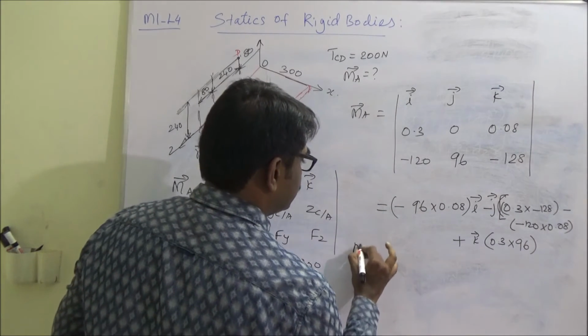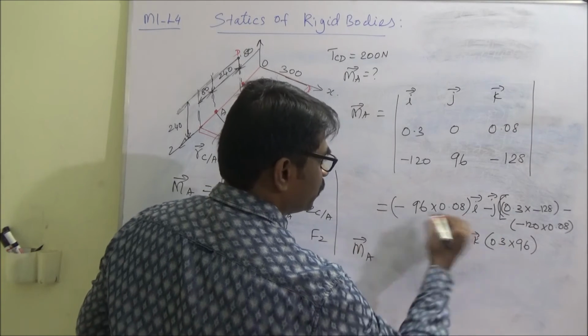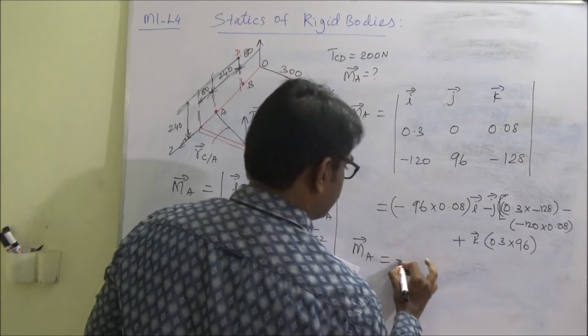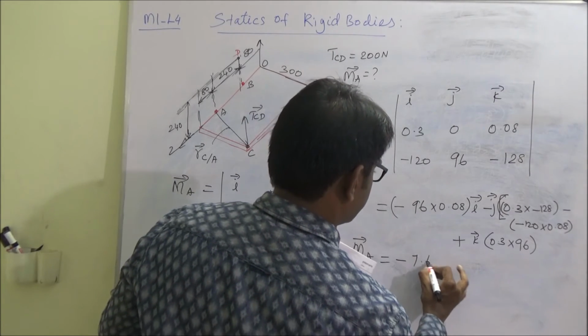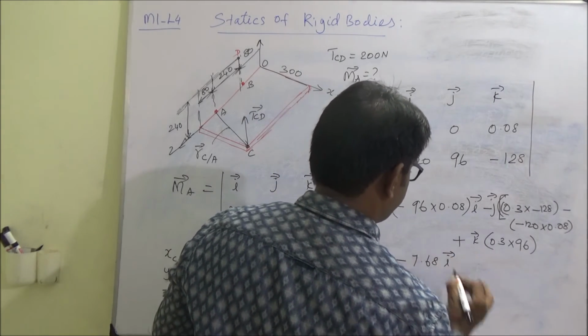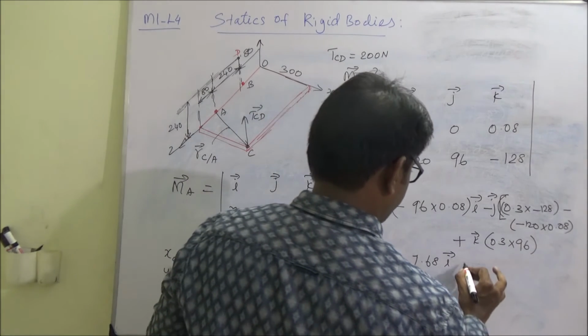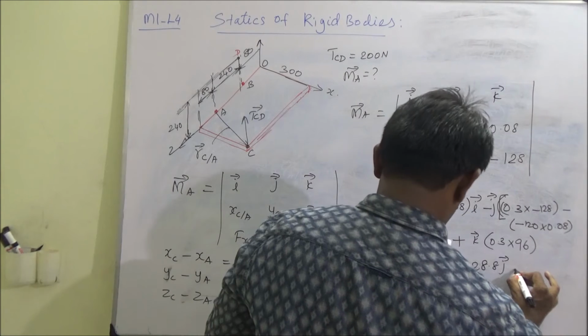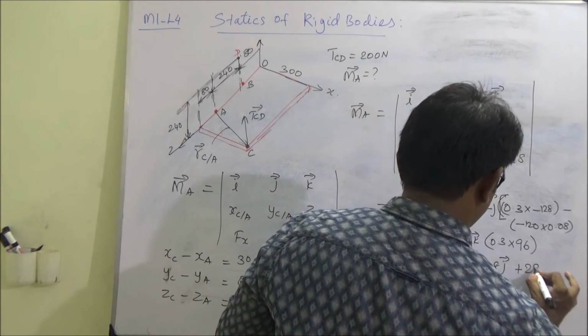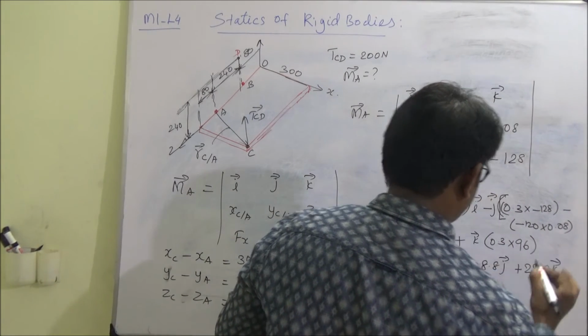So the final, if you simplify it, you get minus 7.68 i vector plus 28.8 j vector plus 28.8 k vector.